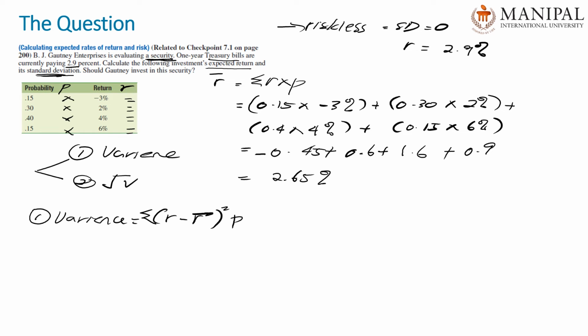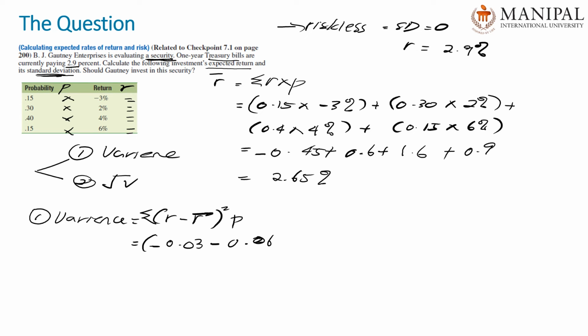Now we have 4 probabilities, so we can have 4 sets of this. Let's start with the first one, where R is 0.03, minus 0.0265.